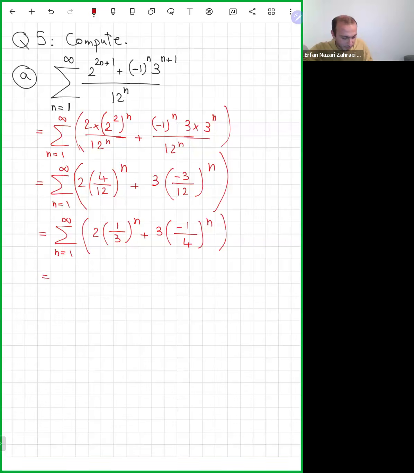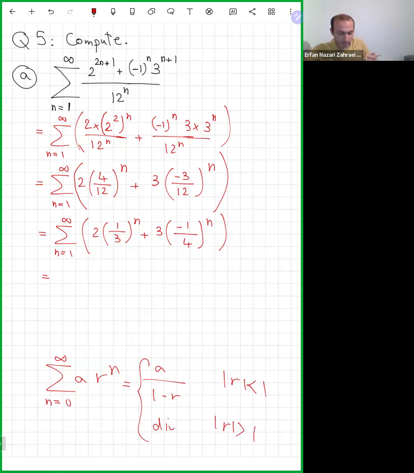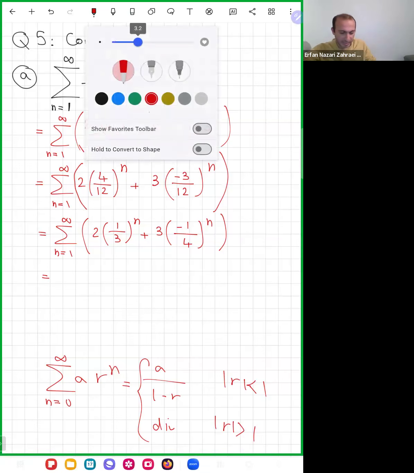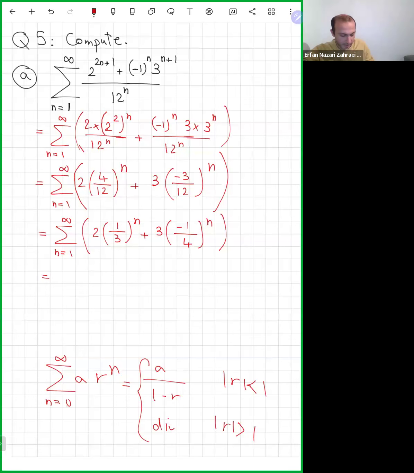What was the sum of a geometric series? Sigma A R to the n. The formula says if n is from 0 to infinity, it's A over 1 minus R if the absolute value of R is less than 1, and it's divergent if the absolute value of R is greater than 1. But this is not the good way to memorize it, because many students, even if this does not start from 0 and starts from 1, 2, 3, use the same coefficient here, which is wrong.